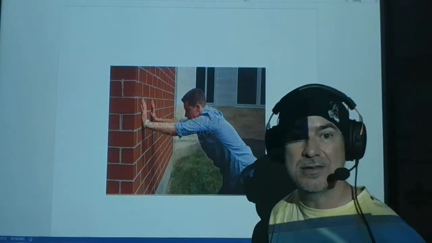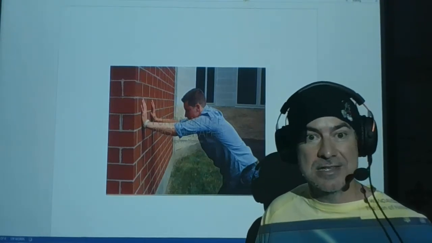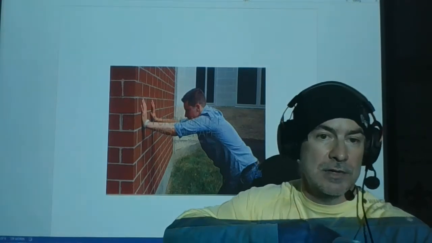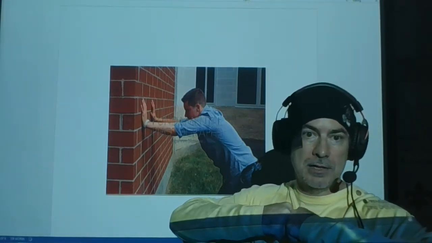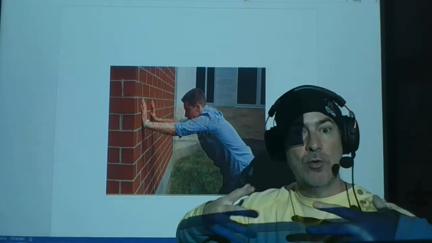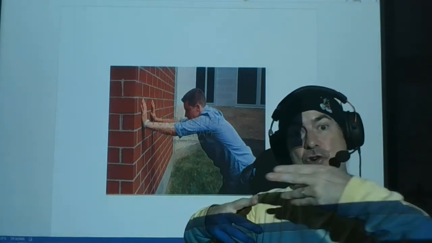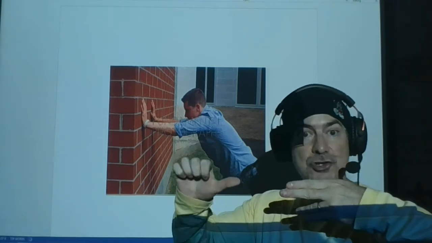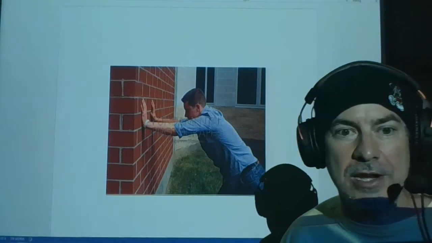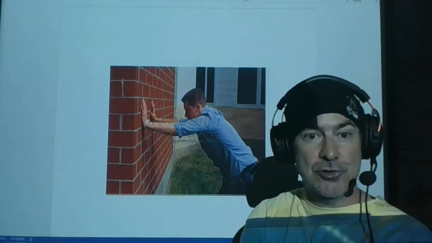If the guy's just leaning up against the wall, no motion is needed for them to be trying to move each other. And so the real thing is that Newton's third law is about forces. The guy is trying to move the wall, and the wall is trying to move the guy. Neither of them are going anywhere. What a great analogy for isometric contraction.